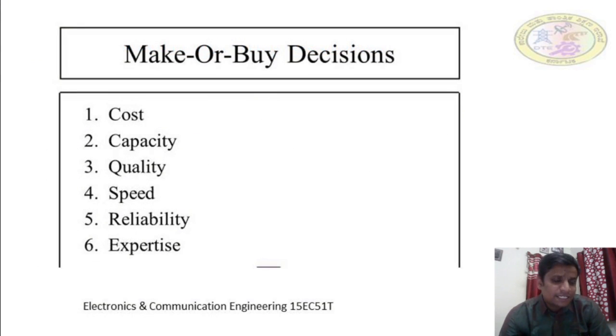So make or buy decisions are basically both involved in cost, capacity, quality, speed, reliability and expertise. So these are the factors which will interrelate one with another. Make decision or buy decisions will involve money. What is the maximum machines available in our industry?